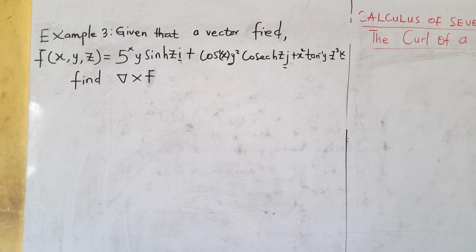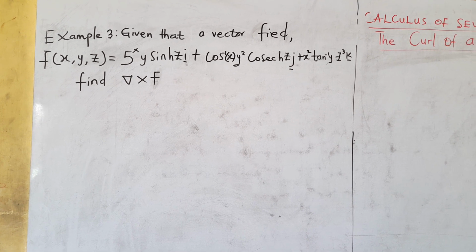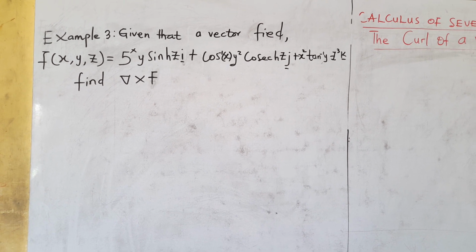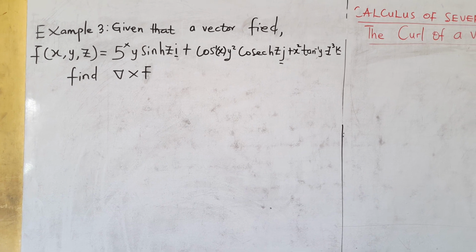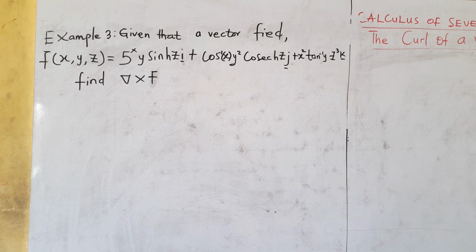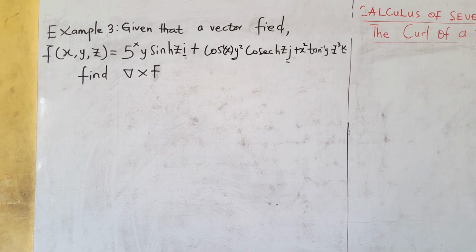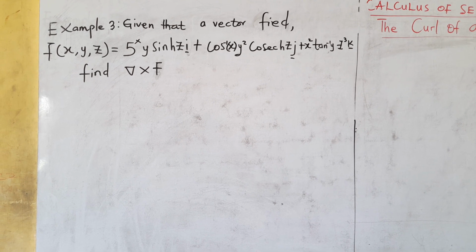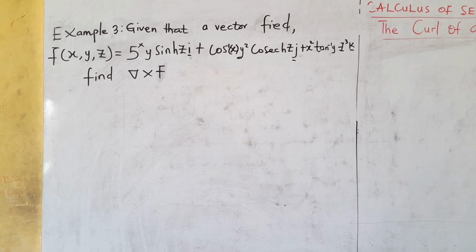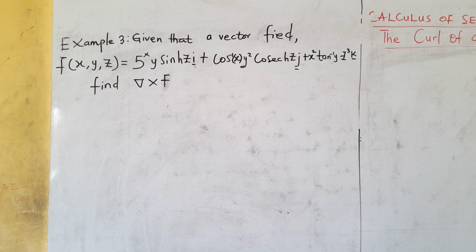It is given that a vector field F, which is dependent on 3 variables x, y, and z, is equal to 5 exponent x y sinh z in the i direction, plus cos inverse of x y squared cosech z in the j direction, plus x squared tan inverse of y z cube in the k direction.